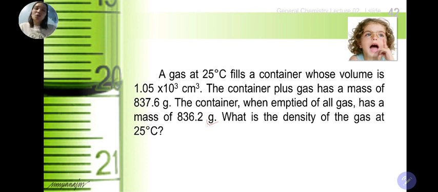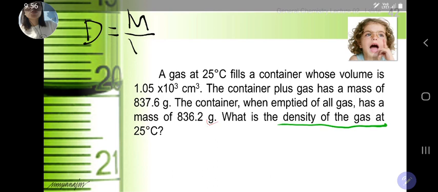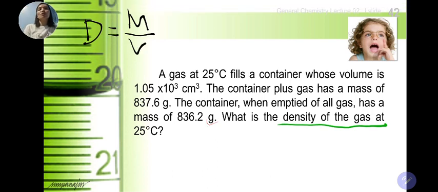So, this is a rather long computation. We will apply everything we learned about measurements and uncertainties in measurements in chemistry. So, let's take it one step at a time. What we are looking for is the density of the gas at 25 degrees Celsius. So, we know that density is mass over volume, or mass per unit volume.